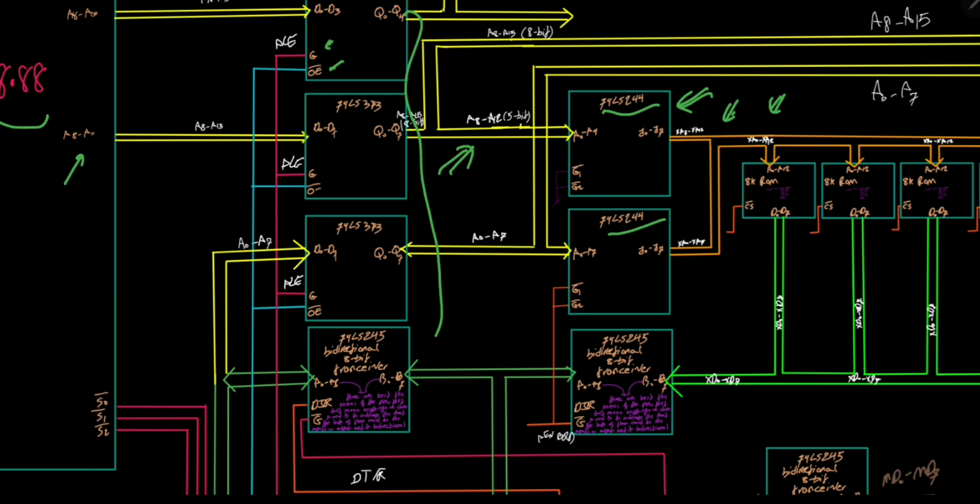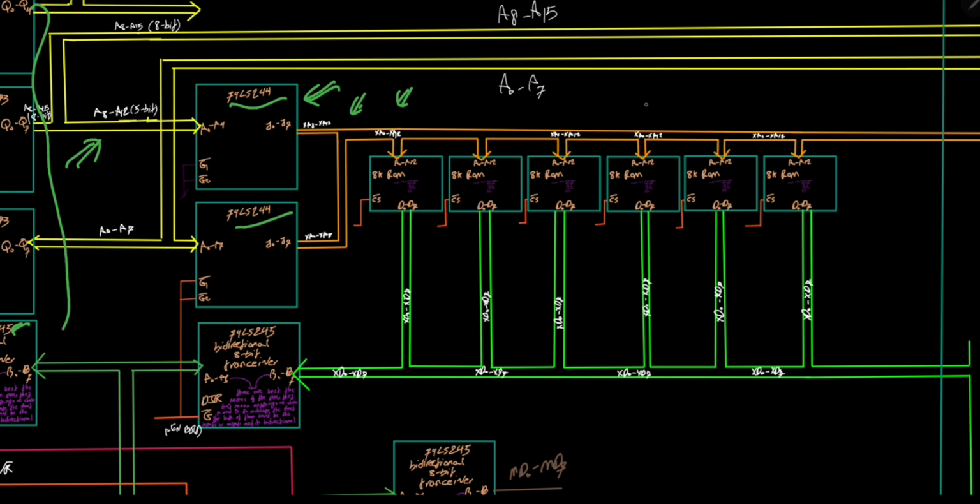LS244 is just another unidirectional latch like LS373. We have 245, which we call a bidirectional transceiver. So these orange wires are connected to the address pins of the RAM, but only 13 of them, meaning orange wires are the same as the yellow wires, with the only difference that they travel through another latch, and also they are only 13 wires.